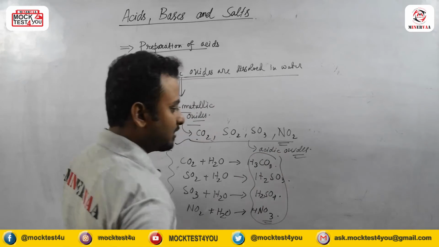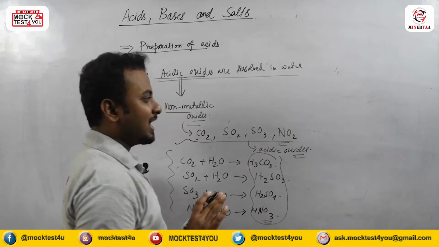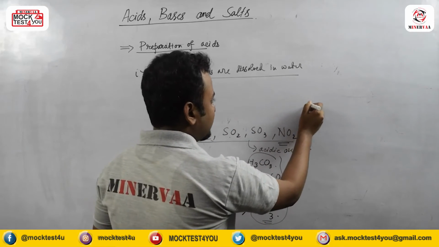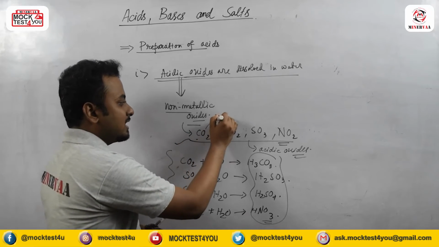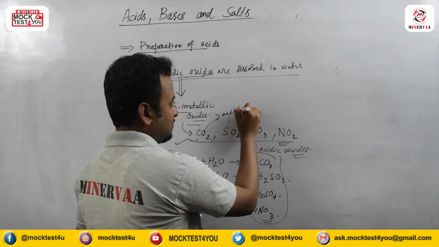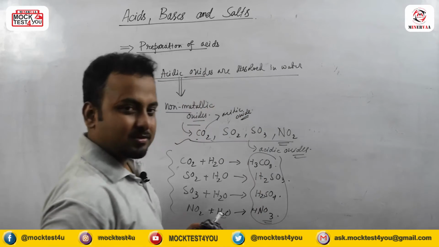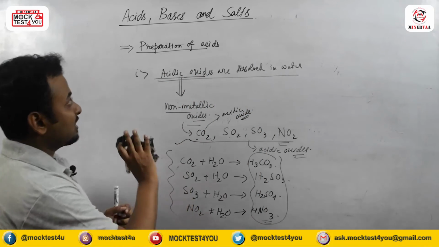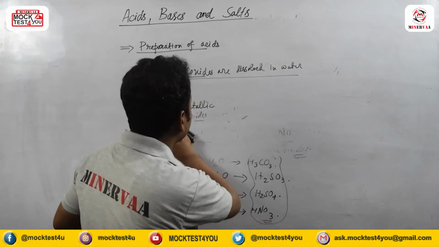There is an interesting thing to know: suppose in a reaction CO2 is evolved, CO2 is an acidic oxide. This part we'll see later. Let us first complete this preparation of acids, then we'll see this part.